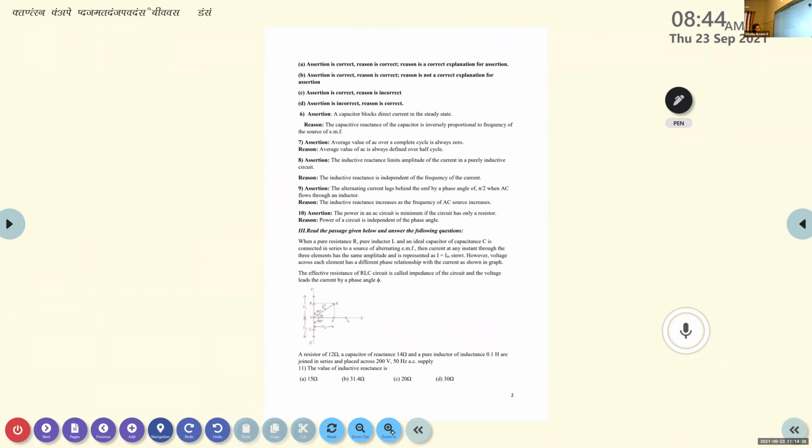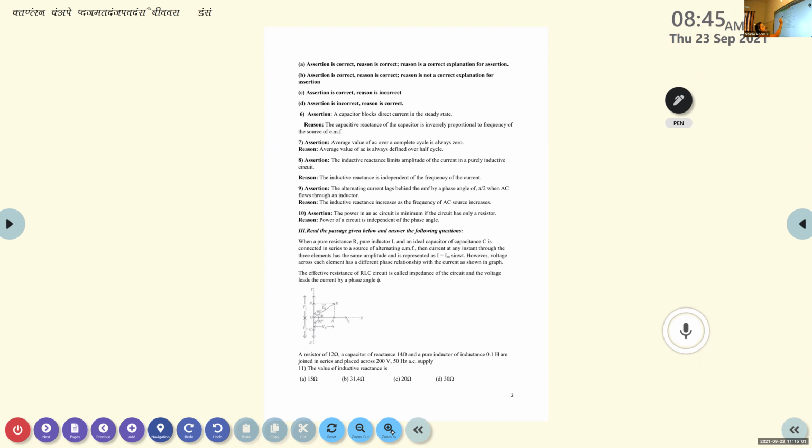Option B, assertion is correct, reason is correct, but the reason is not the correct explanation for the assertion. Option C, assertion is correct, but the reason is incorrect. Option D, assertion is incorrect and reason is correct. But here I needed to provide one more option, that is assertion is incorrect and the reason is also incorrect. Here actually I didn't give that option. So we can discuss the questions.